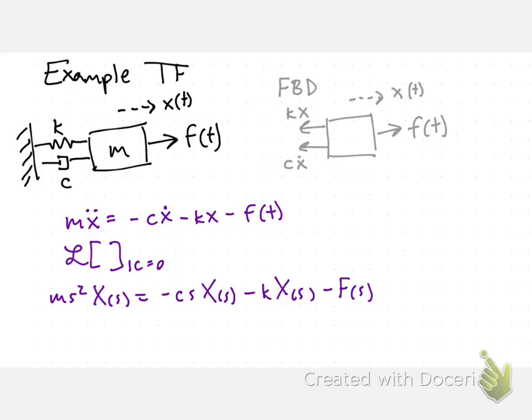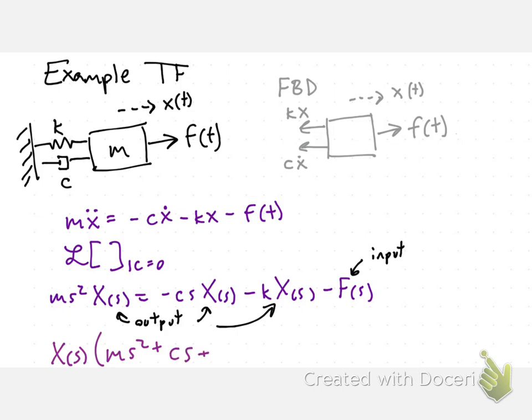Now, for the transfer function, we need to take the Laplace transform, we need to set initial conditions to 0, which we've done, and now we need a ratio of the output over the input. So our input is our force, and our output is our displacement, x. So we want to isolate our input and output in order to get our transfer function.